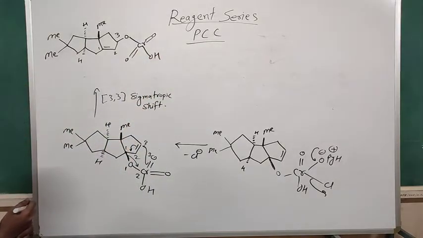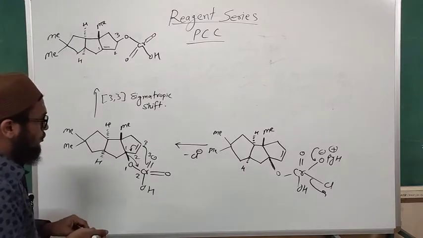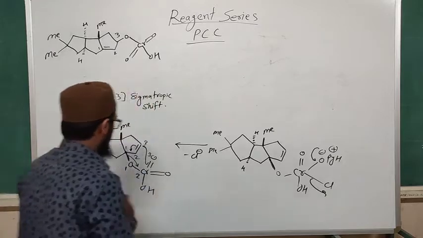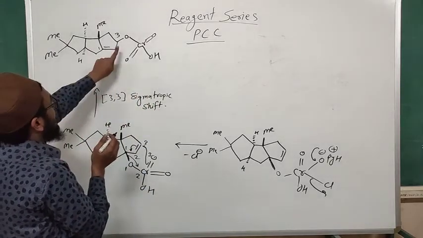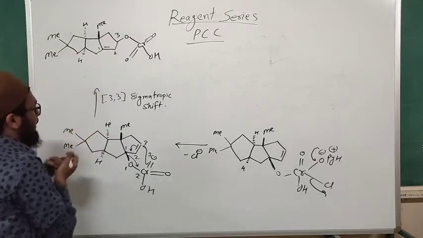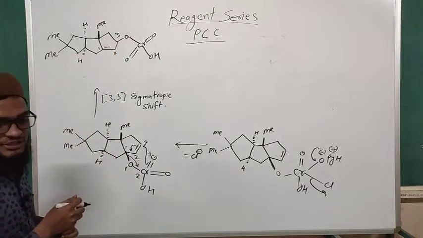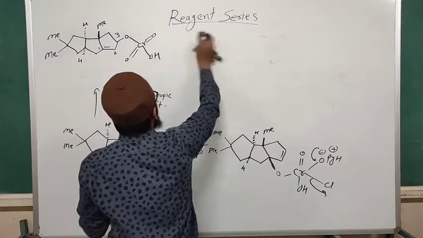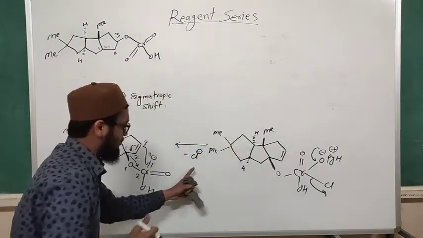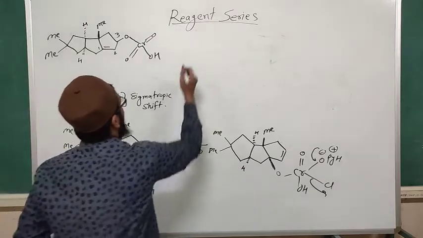Did you get this? 1, 2, 3. Look at here. 1, 2, 3, 4. Yes. Now we have come to this step. Now what will happen in the next step? In the next step, we have the chloride ion in the reaction mixture.